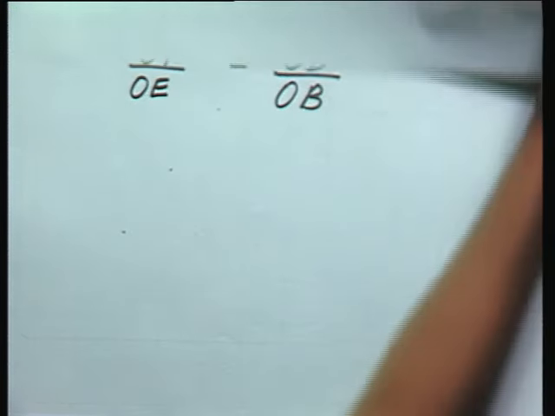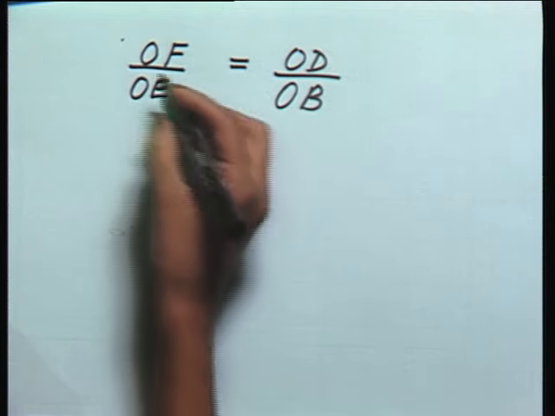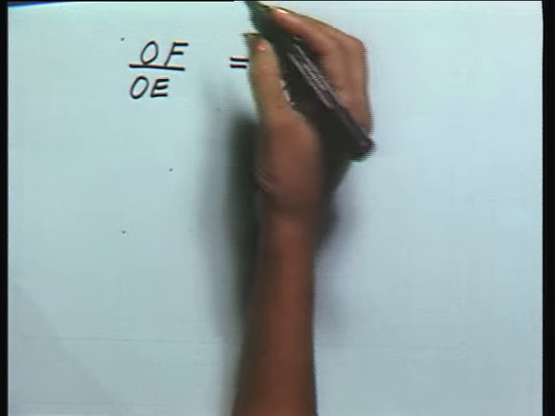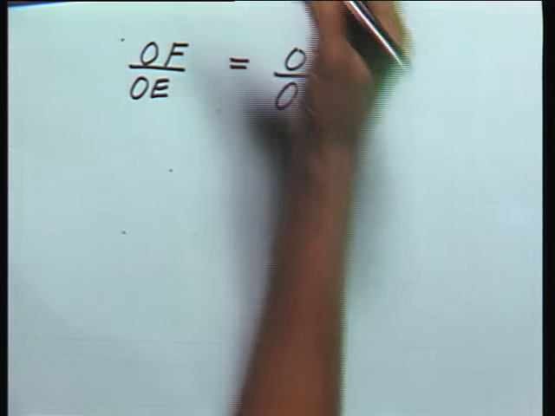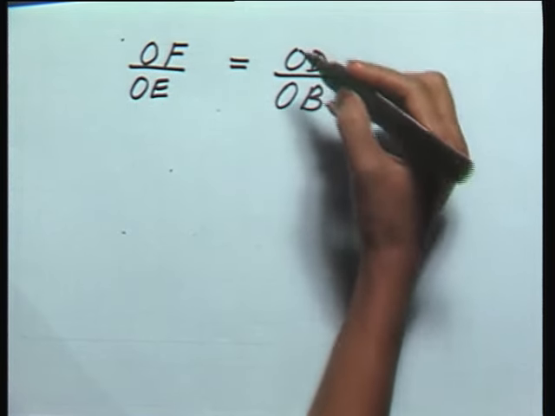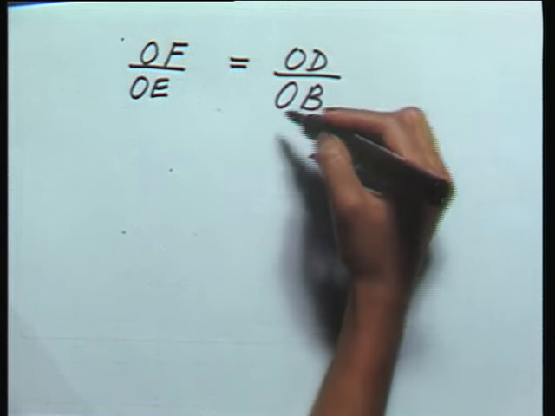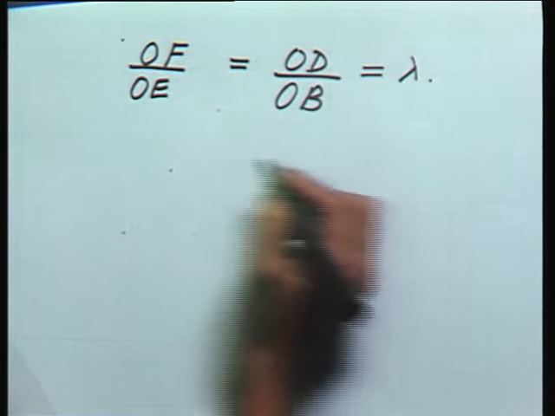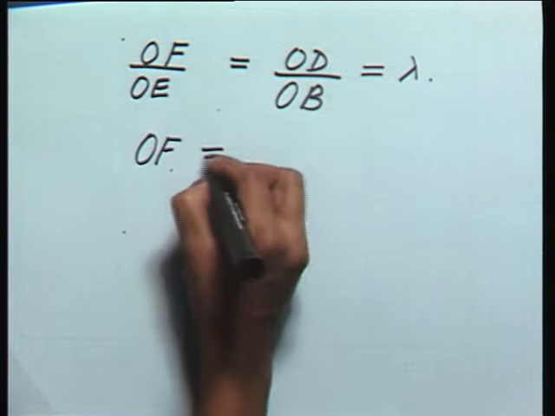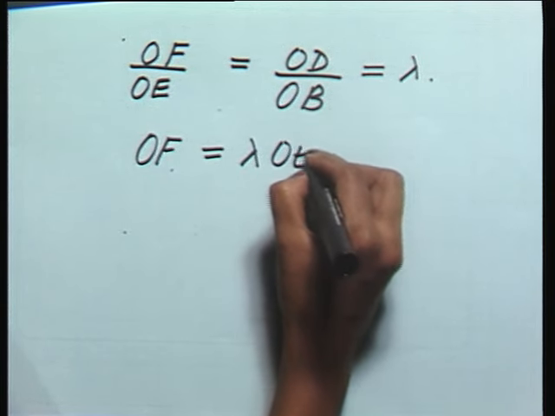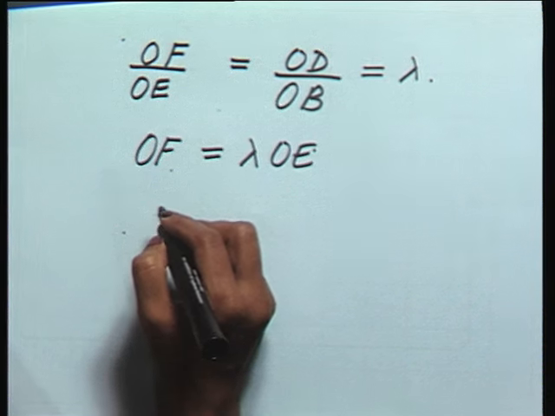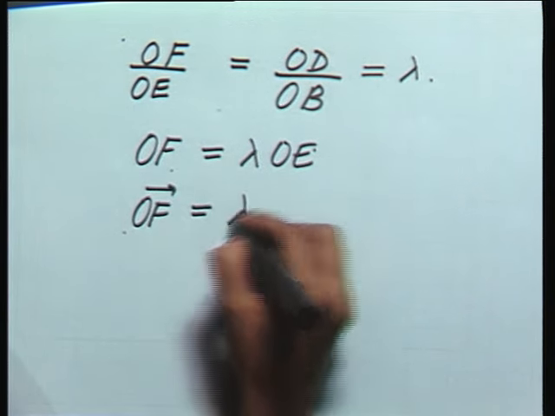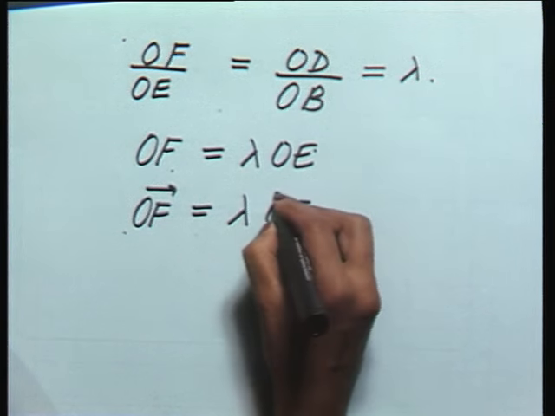Right. And because of this, we find that since OD is lambda times B and OB is B, if you divide the magnitude of OD by OB, you will get exactly lambda. And therefore, OF is equal to lambda times OE. And this means that the vector OF will be lambda times the vector OE.